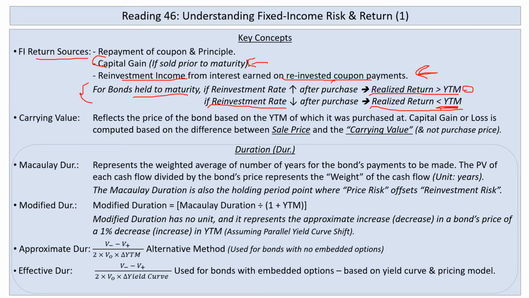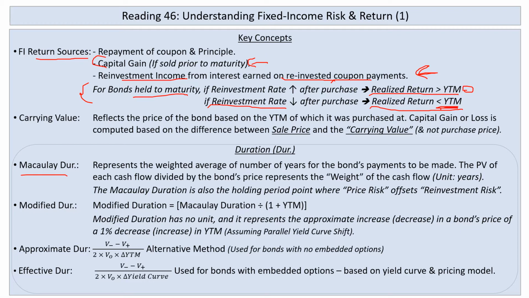However, if the bond is held to a point after the Macaulay duration point, the overall realized return would be lower because the capital gain would no longer be very large in magnitude. So this relationship is important. We will see more on this in the next slide.